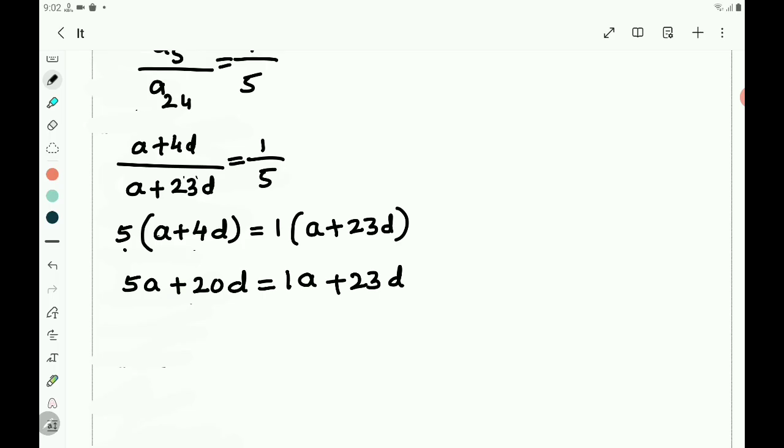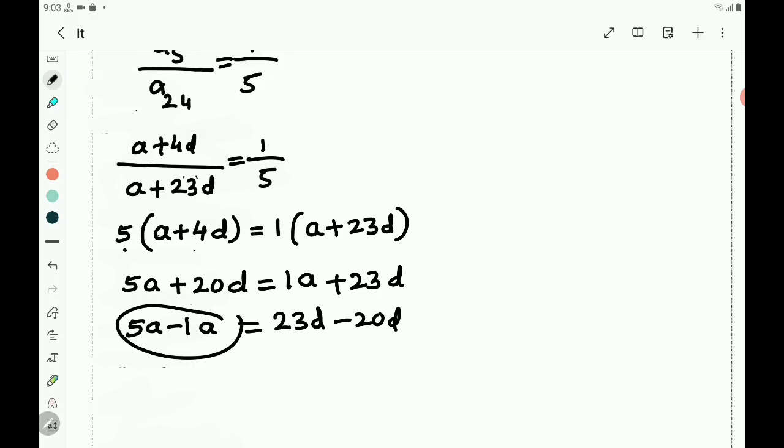Now bring a together and d together. Means transfer this 1a to the LHS and 20d to the RHS to get the relation between a and d. 5a minus 1a equals 23d minus 20d. Here 1a is transferred to LHS and it becomes minus 1a, and 20d is transferred, it becomes minus 20d.